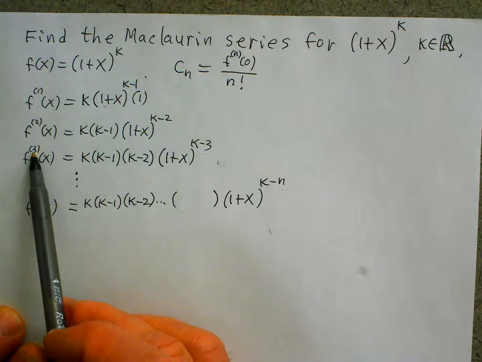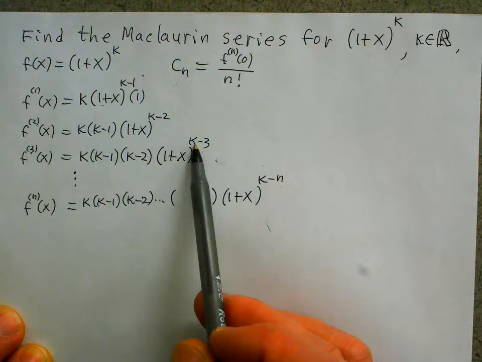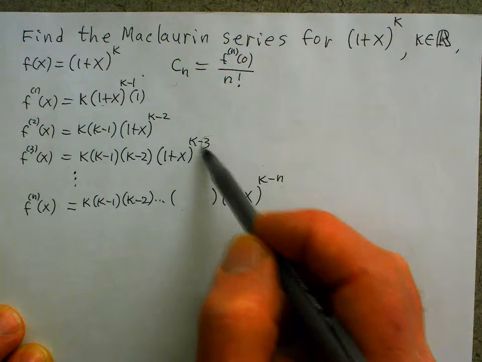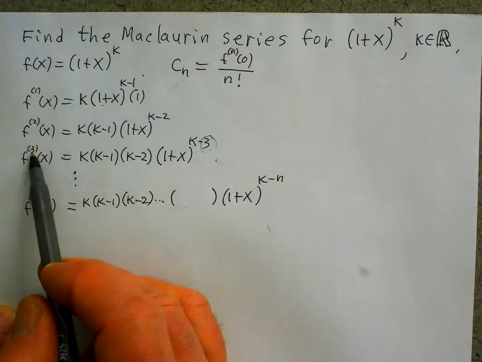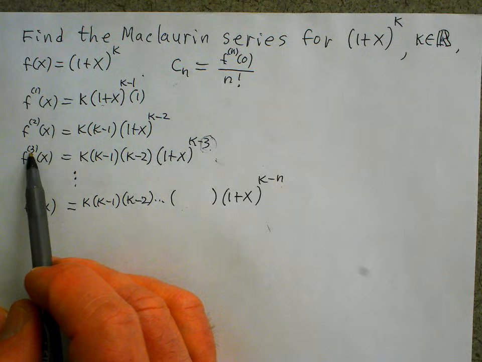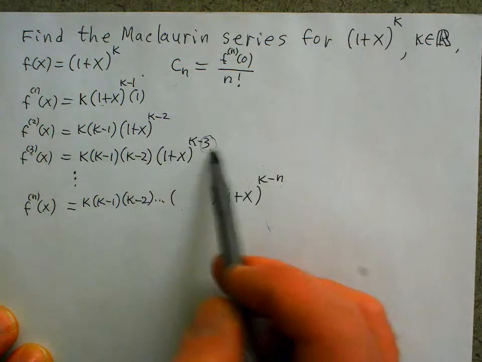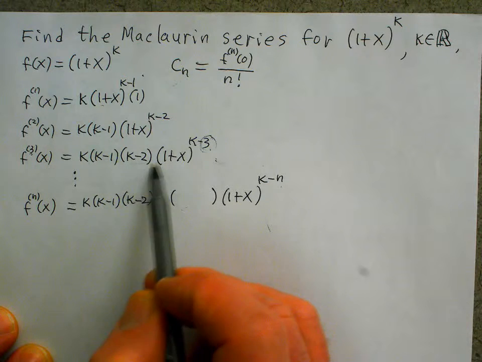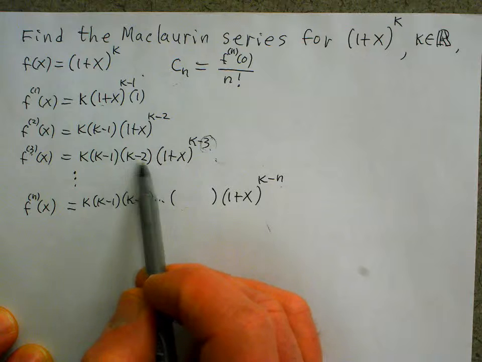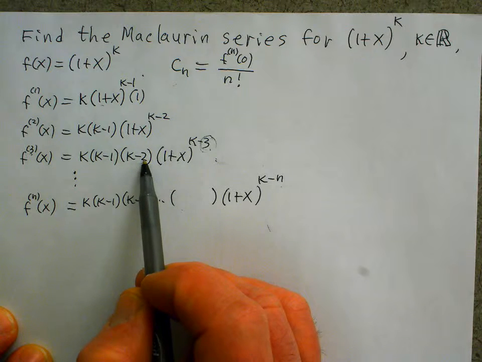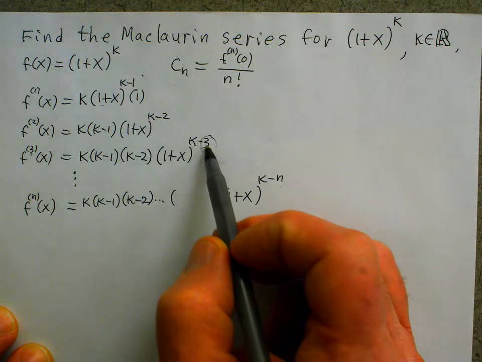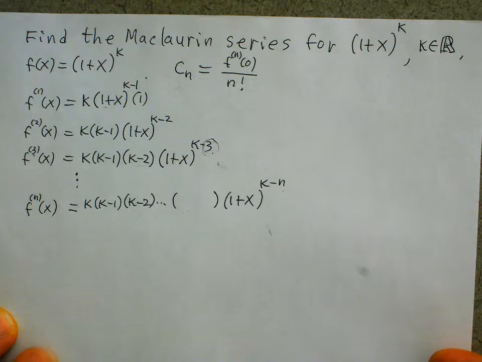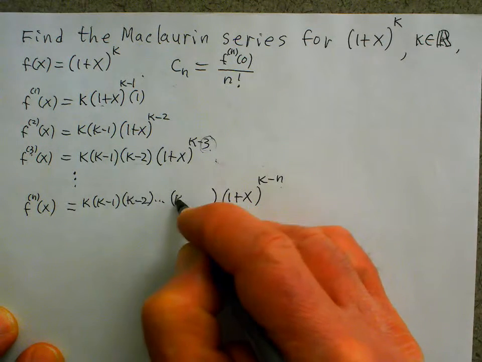The third derivative of f, the exponent on the binomial 1 plus x, is k minus 3. 3 is the same as the particular derivative that we're computing. And the factor that's closest to 1 plus x is k minus 2, where 2 is 1 smaller than 3. So maybe that helps. k minus n plus 1. Yeah, k minus n plus 1.